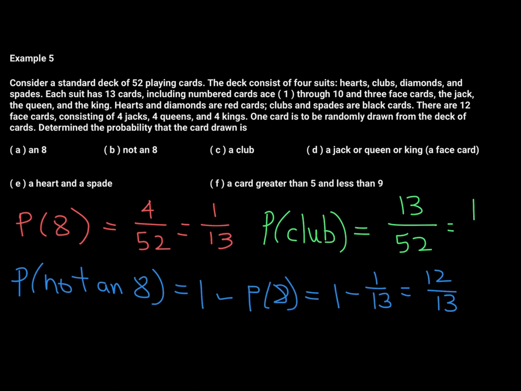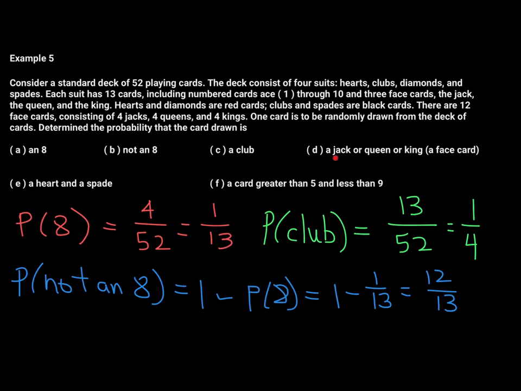This simplifies to 1/4, which is 25% or 0.25. So, I wouldn't say very likely, but it's somewhat likely that when we choose a card at random it would be a club.